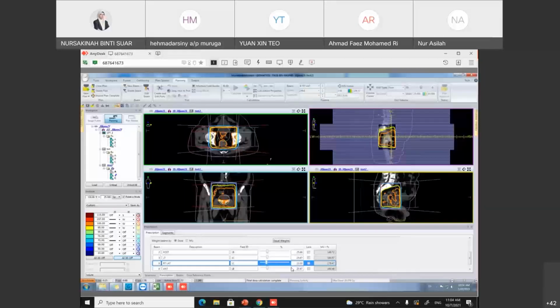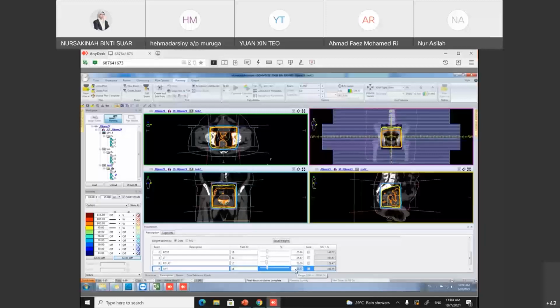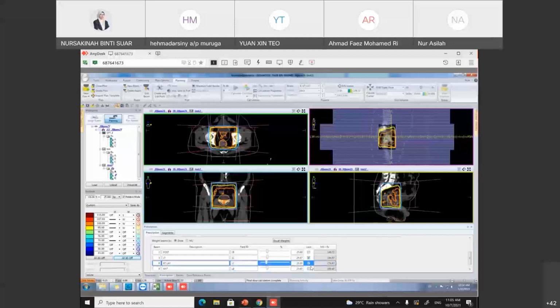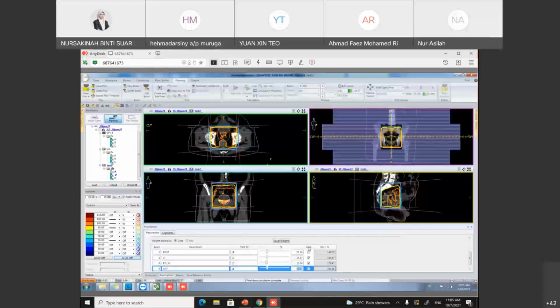Remember, when you adjust your percentage weighting here, let's say from 25.67 to 20, the 5.67% difference will be dumped equally to the other 3 beams. But now I only want this anterior weighting dumped to posterior only. So I need to lock my lateral beam weighting. I don't want my percentage dumped to the others. I only want it to go to posterior.